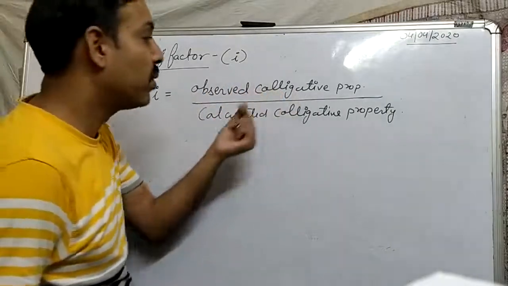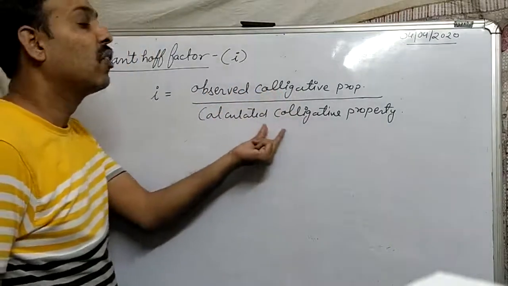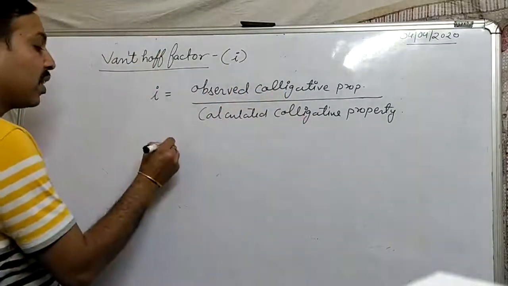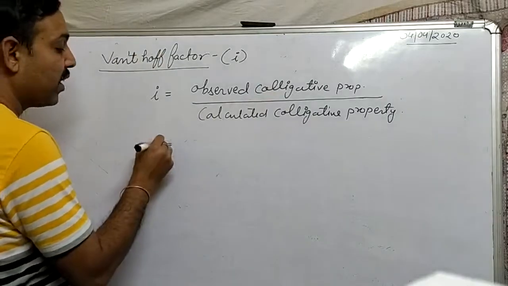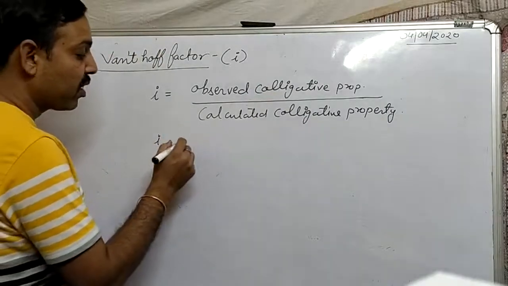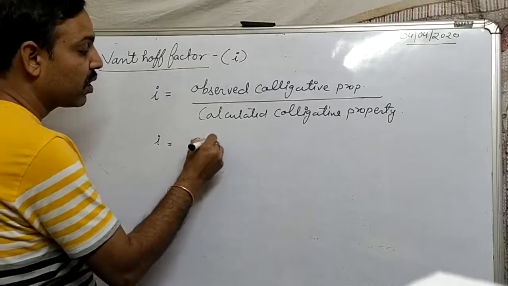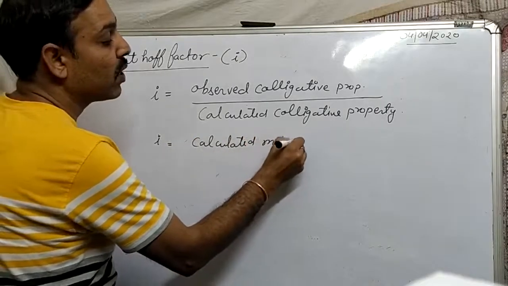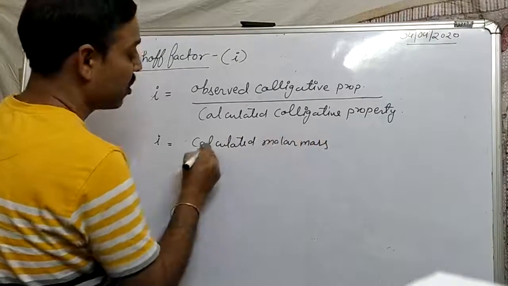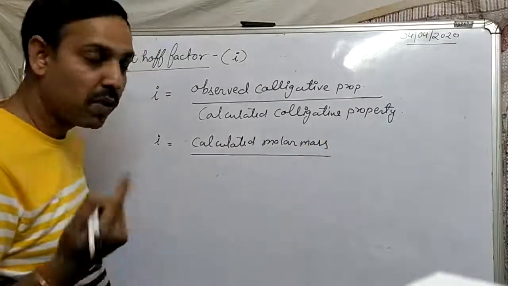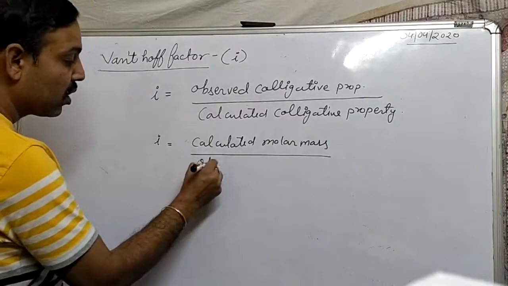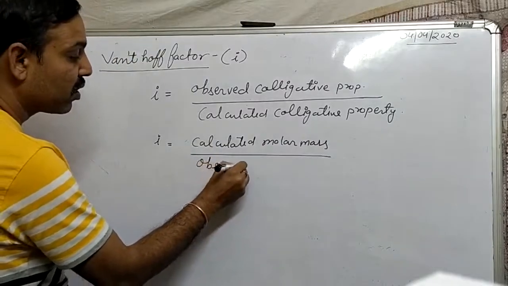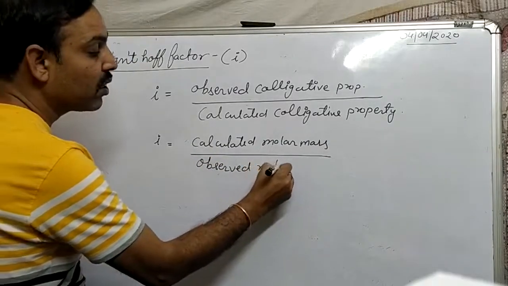Observed colligative property or calculated colligative property. Yeah, I is equal to the ratio of calculated molar mass, obviously molar mass of solute, upon observed molar mass.